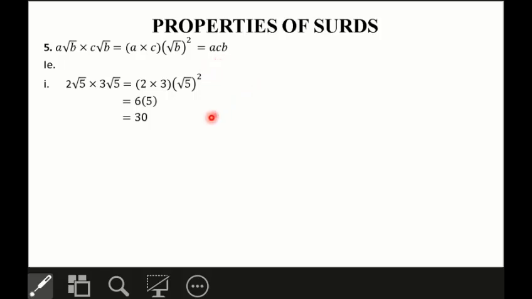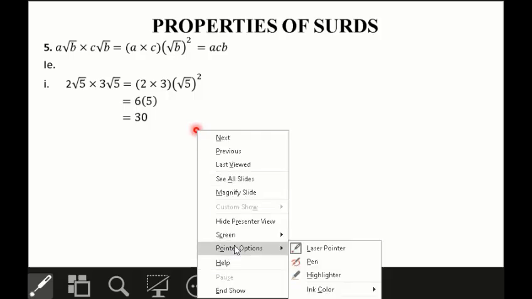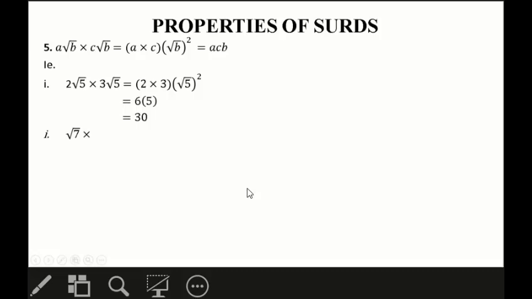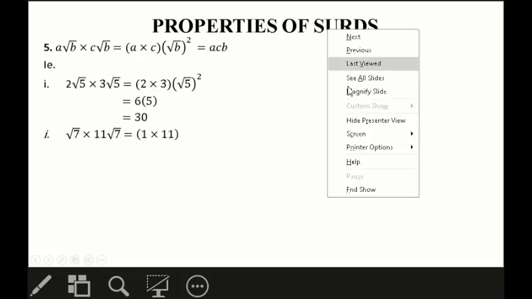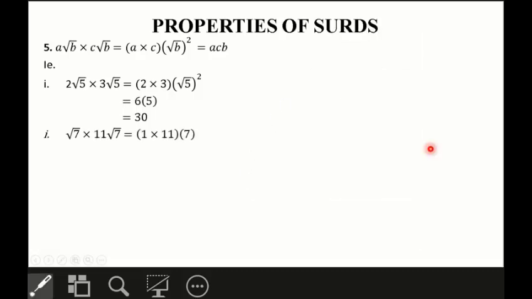Another example. So we have the root of 7 times 11 root 7. Over here, just as I explained earlier, the root of 7 written over here has a coefficient of 1, but we don't write it.